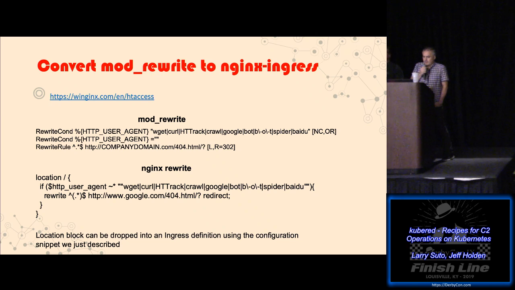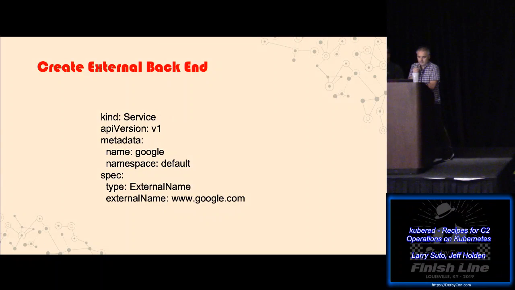So if you have some experience with mod_rewrite, there are a lot of examples out there on using mod_rewrite to create filtering and redirection. You can convert it to Nginx rewrite and then drop that into your ingress manifest, and you can basically reuse stuff.